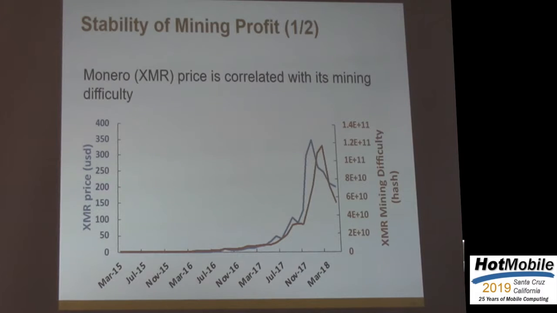This means that, let's say the price of XMR goes down. In this case, the difficulty of the mining goes down. It means that if we put the same amount of resources, we can get more Monero coins. So even if the Monero price goes down, the eventual profit that we can get for the same amount of computing resources will remain quite stable.